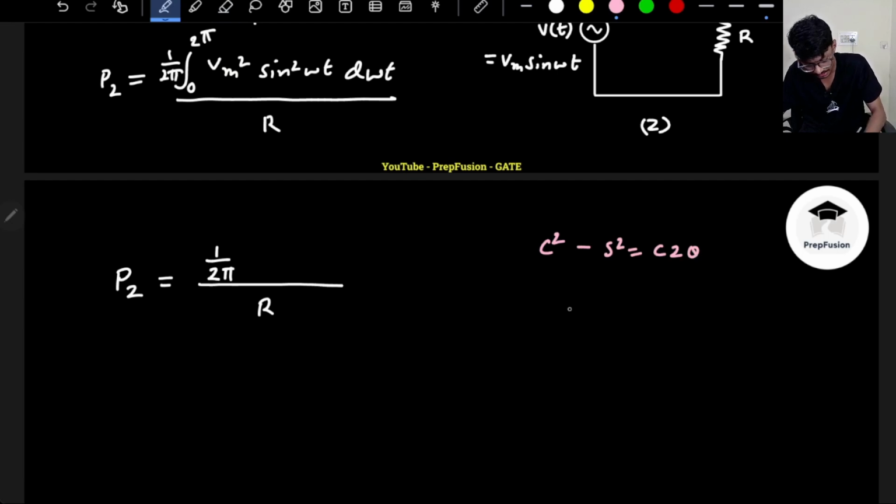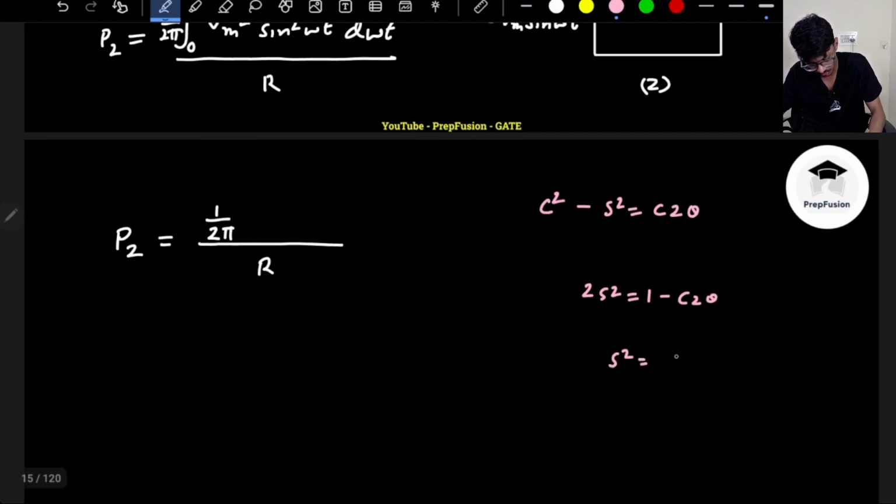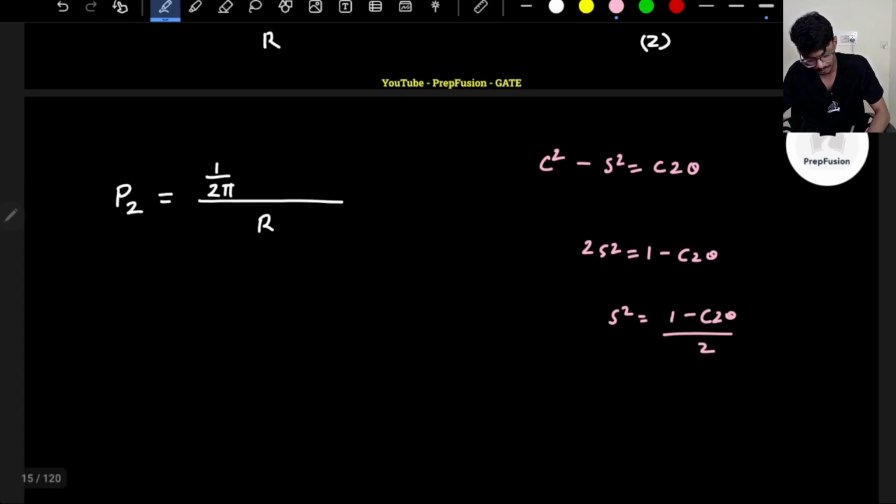So cos square is 1 minus sin square theta, so this will be 1 minus 2 sin square theta, equals cos 2 theta. So 2 sin square theta equals 1 minus cos 2 theta, so sin square theta equals 1 minus cos 2 theta divided by 2. Basic trigonometry I am doing.